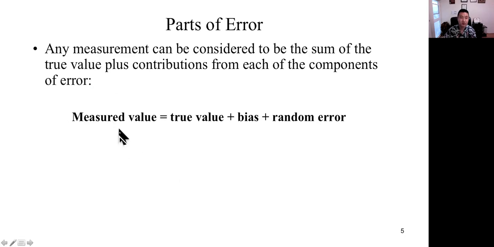So any measurement can be considered to be the sum of the true value plus the contribution from each of these two components of error. The measured value equals the true value plus the bias or systematic error plus the random error.